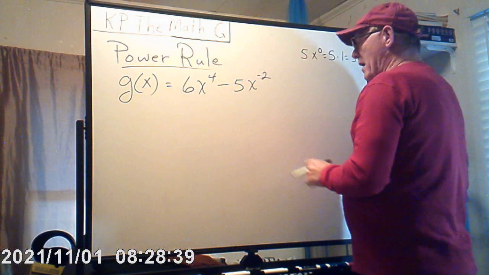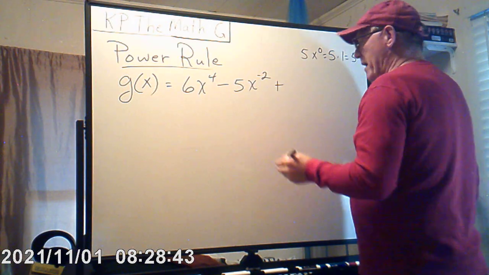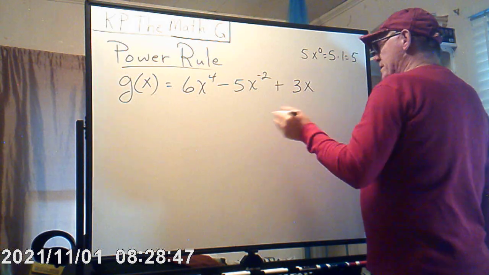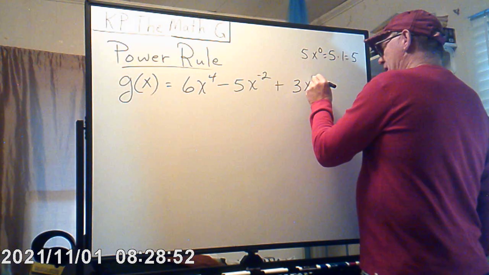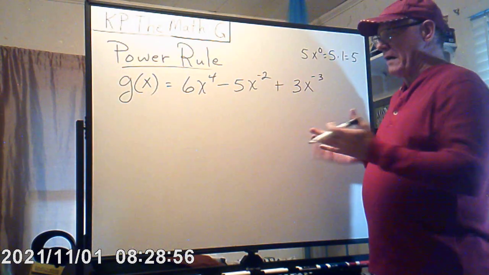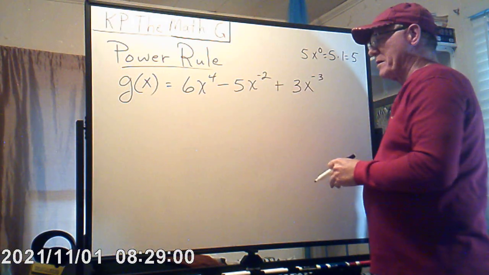All right, and then let's do another one. Let's do plus right here, and let's make this 3x to the negative 3. So the power rule applies the same whether you have a negative exponent or a positive exponent.